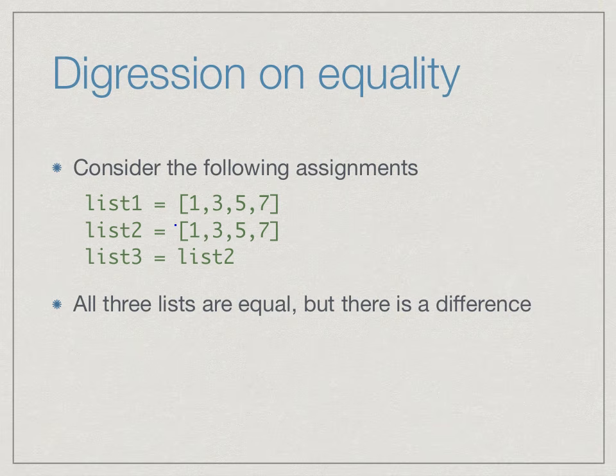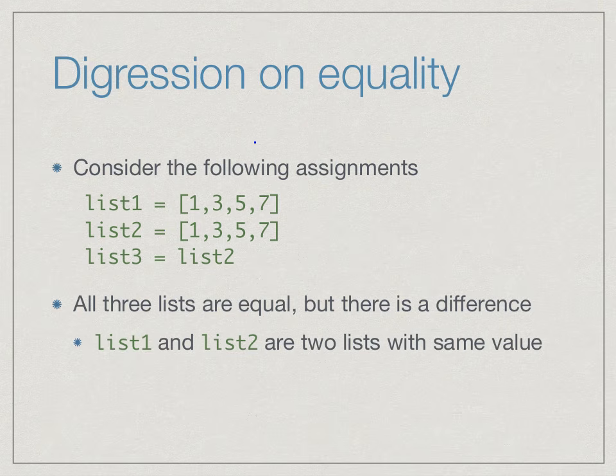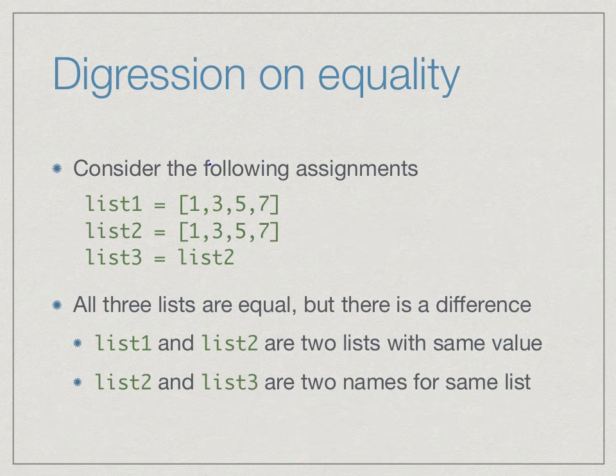So all three lists are equal, but there is a difference in the way that they are equal. List1 and list2 are two different lists, but they have the same value. They happen to have the same value, but they are two different things, and so if we operate on one, it need not preserve this equality anymore. On the other hand, list2 and list3 are equal precisely because they point to the same value.